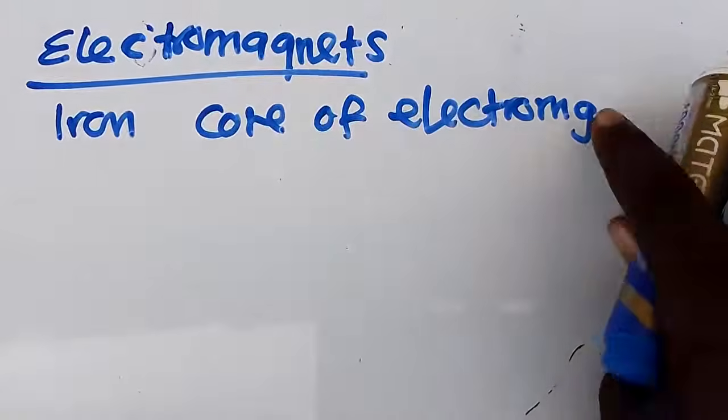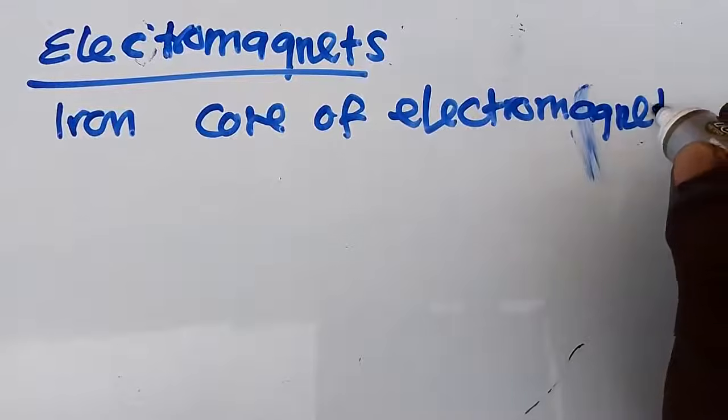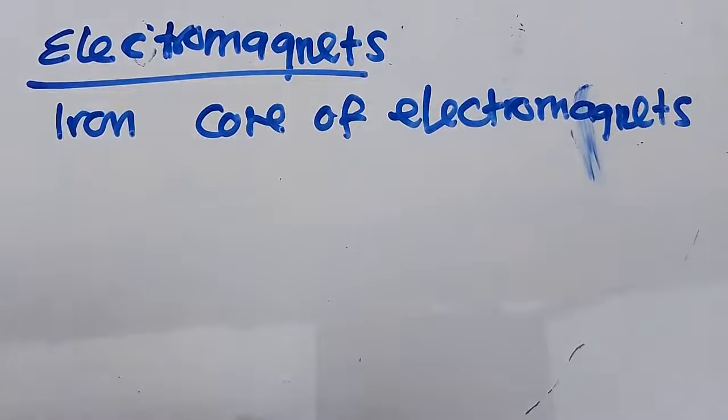Why do we use iron as the core of an electromagnet? Because it is very easy to magnetize.